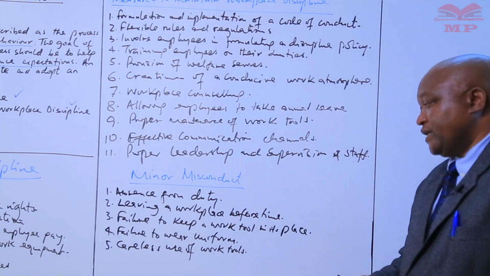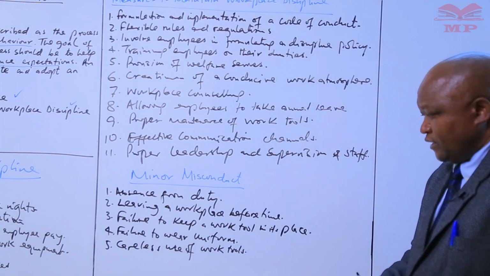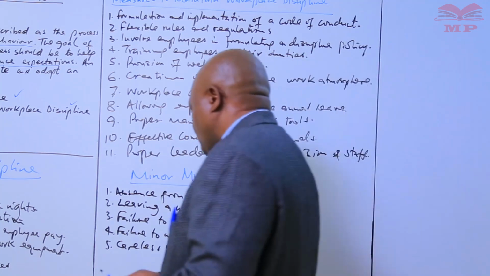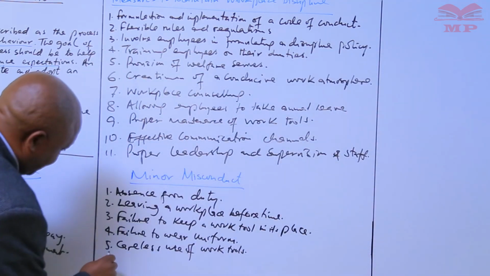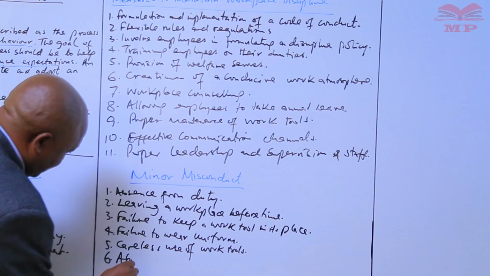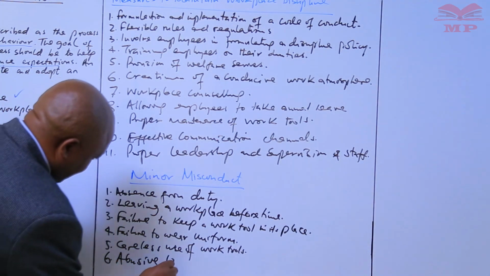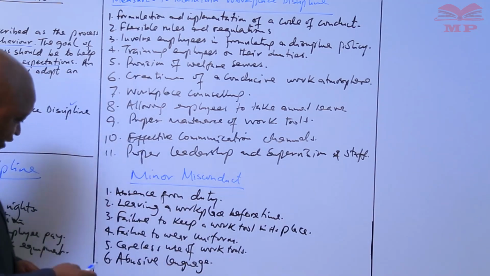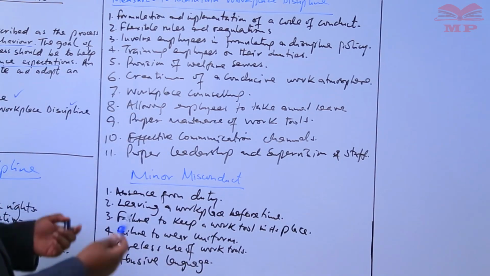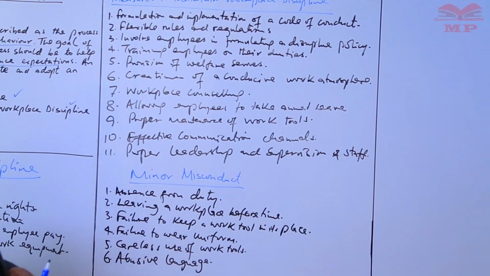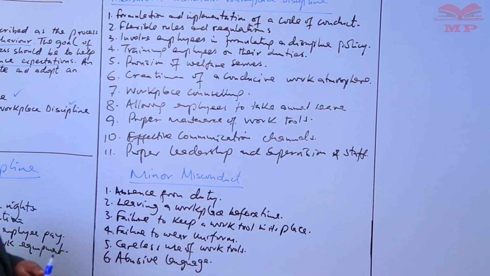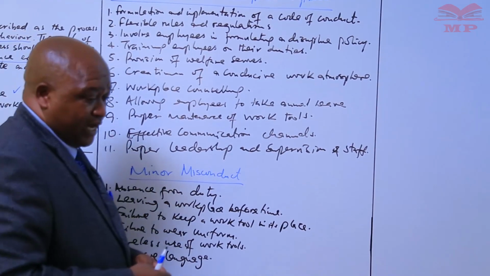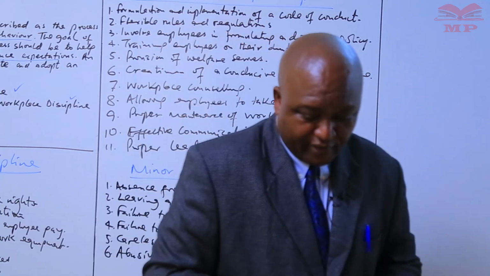There is also abusive language. An employee may use abusive language, a language that may not be categorized as courteous. That kind of abusive language could be categorized as a minor misconduct in a working environment.